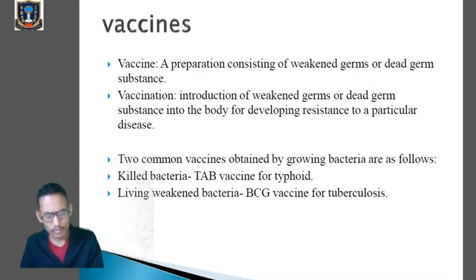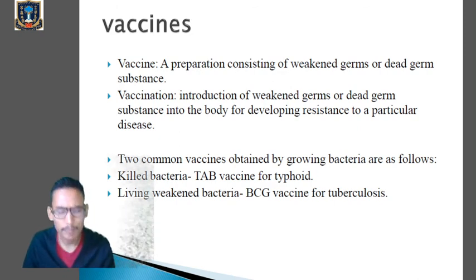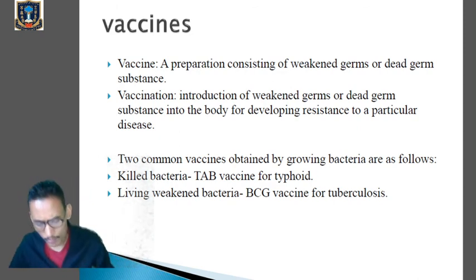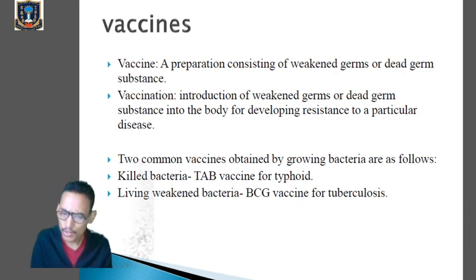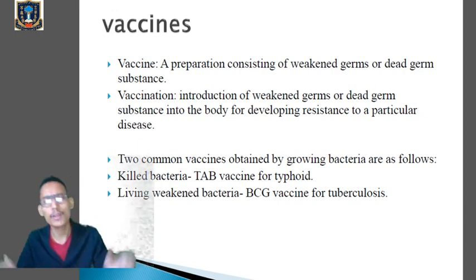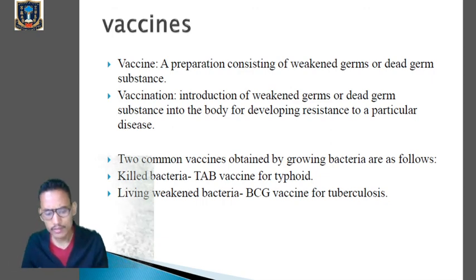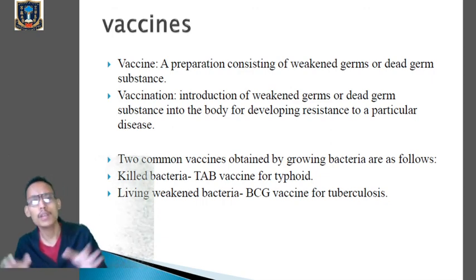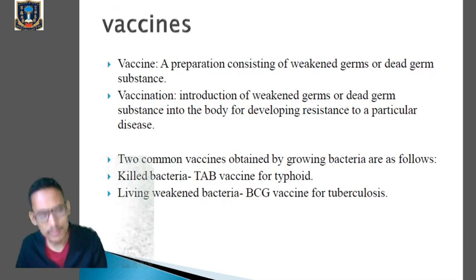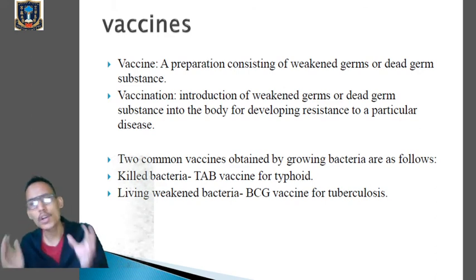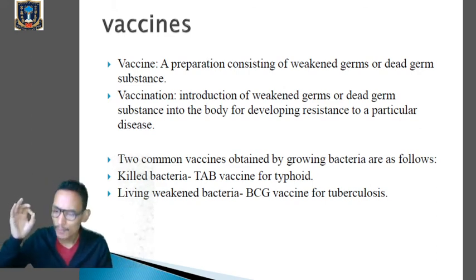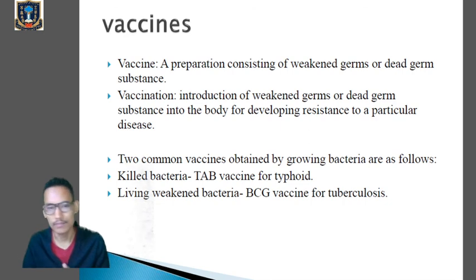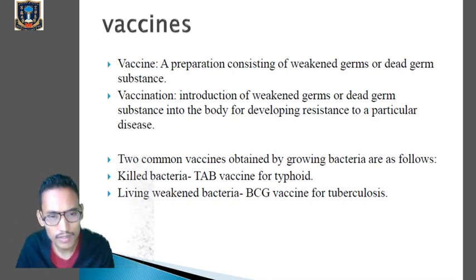Now the antibodies provide immunity against any further attack of the particular disease. How? Because vaccination is not given only to produce immunity for a short period of time. During vaccination, one of the most important cells is produced, called the memory cell, and that memory cell will recognize whether the pathogen or microorganism that causes a particular disease is entering the body for the first time or the second time.